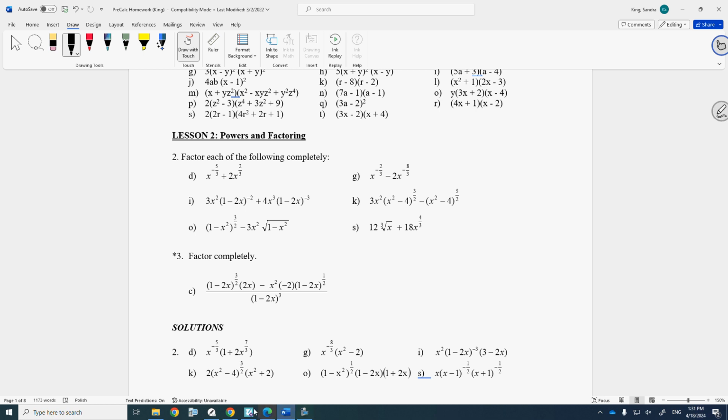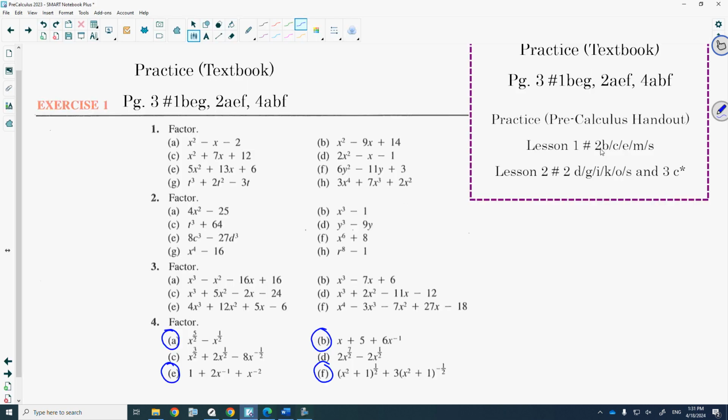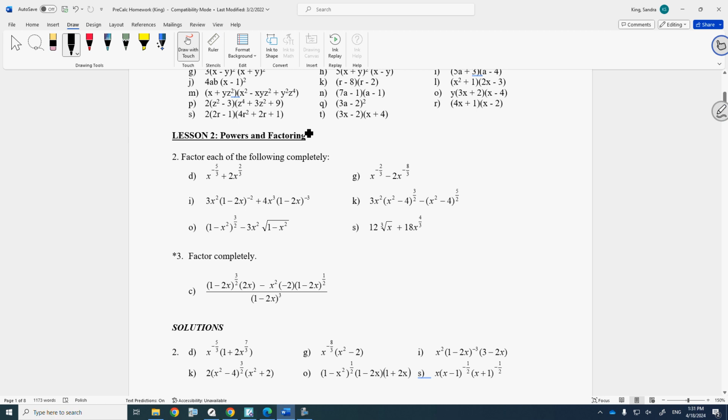And so just do the questions that I assigned. So do 1, 2, 3, 4, 5 from question number 1, and then do these ones from questions 2 and 3. Okay, so this was your handout. C is the standard of excellence. So C is like the AP standard of excellence question. And then when you're done that, you could start lesson 2.